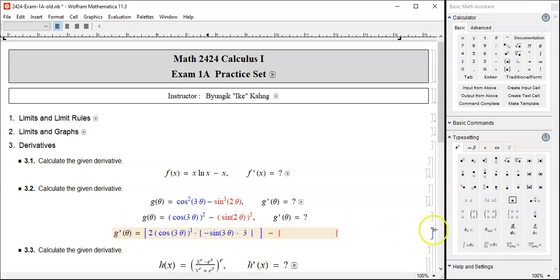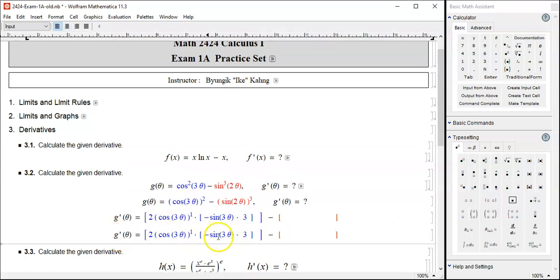You can simplify this entire thing like this. So 3 and then times 2, you can rewrite this thing as 6 times, and then negative is there, so negative 6 times all these.